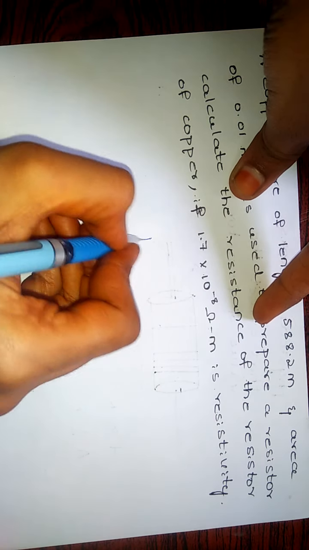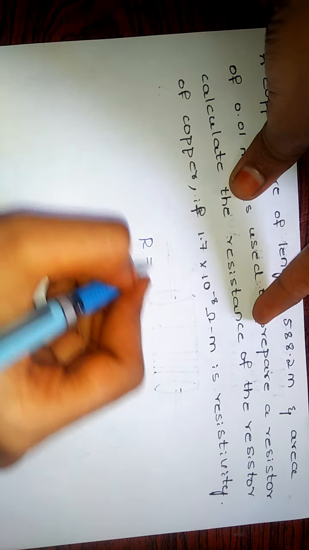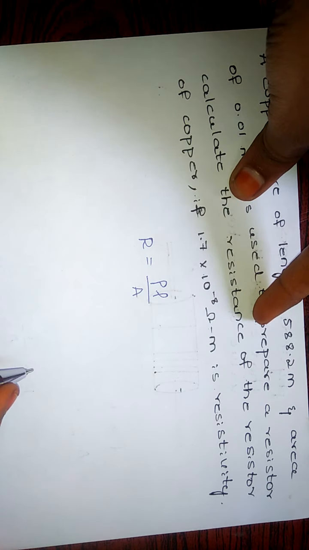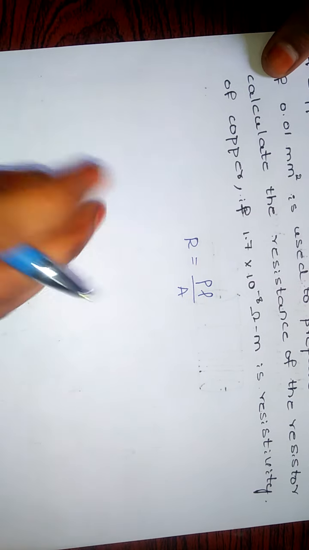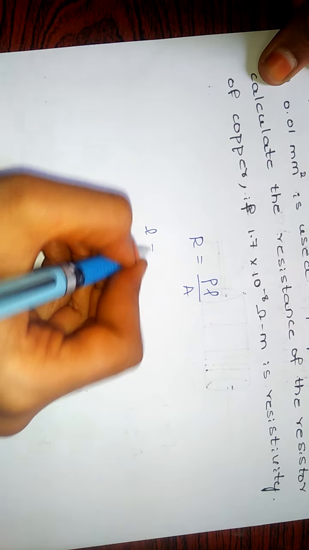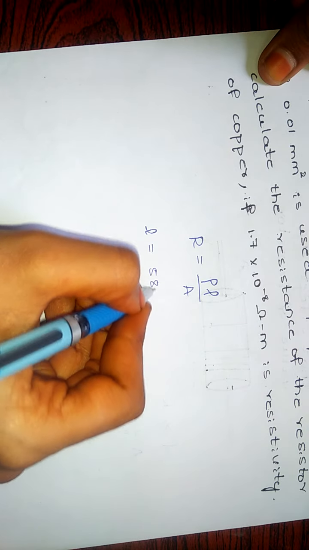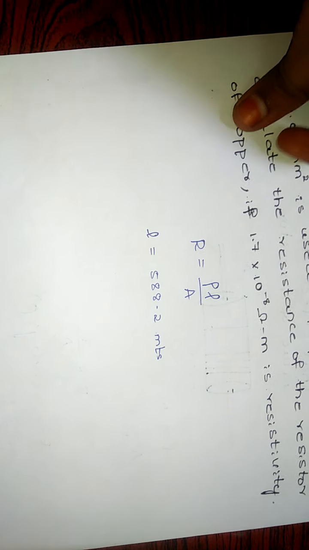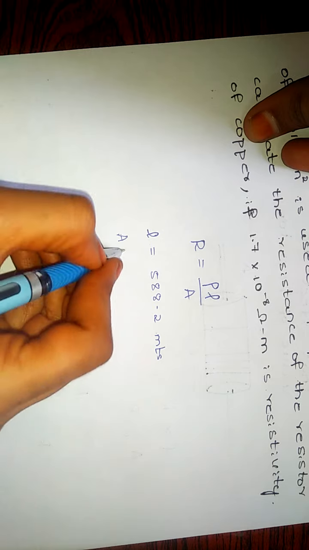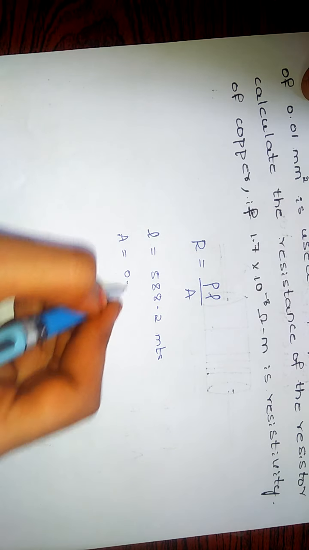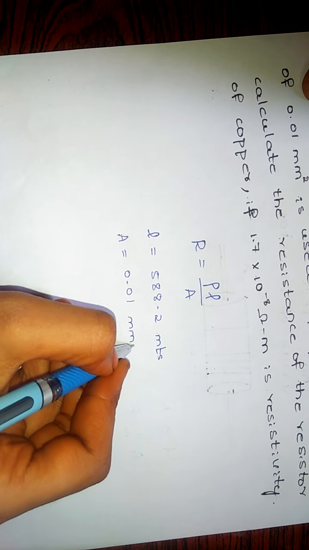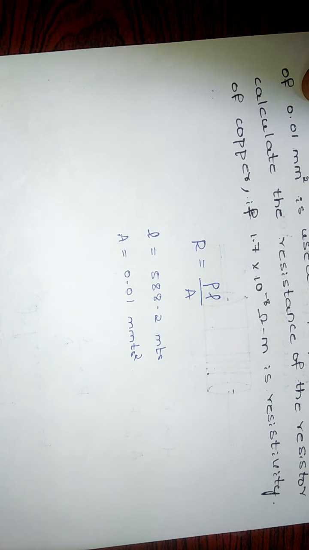So what is the formula that we are going to apply? R equals rho L by A. What is given here? Length equals 588.2 meters, and area is 0.01 millimeter square, right?